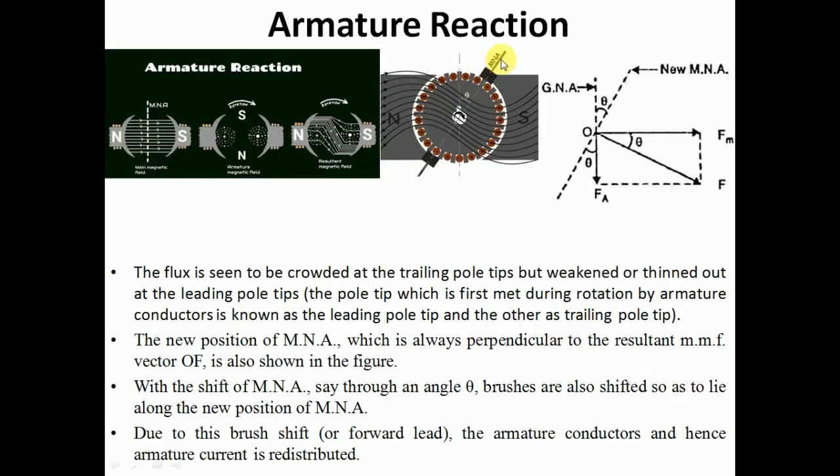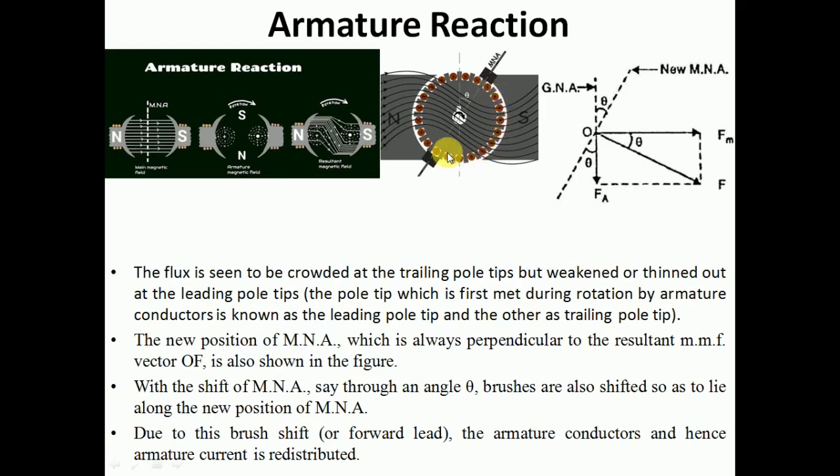Now also the same condition persists, that is those conductors which are at the left side of the magnetic neutral axis carry the current into them, whereas those conductors at the right side of the magnetic neutral axis will carry the current out of the conductors.